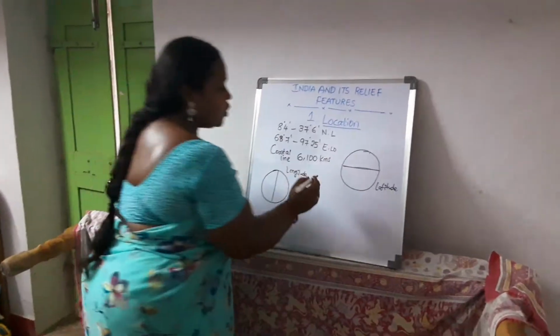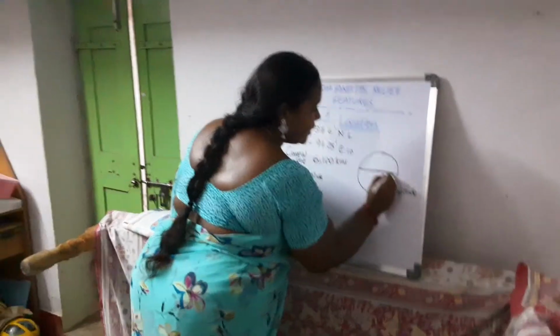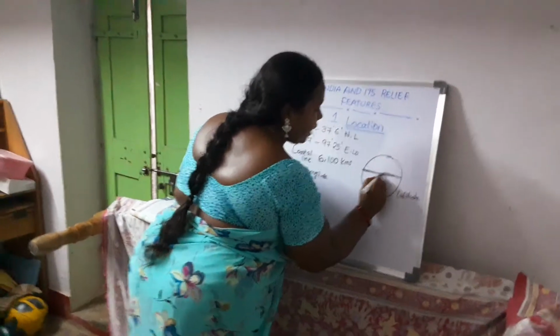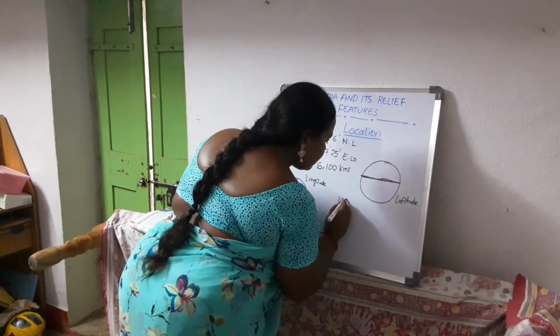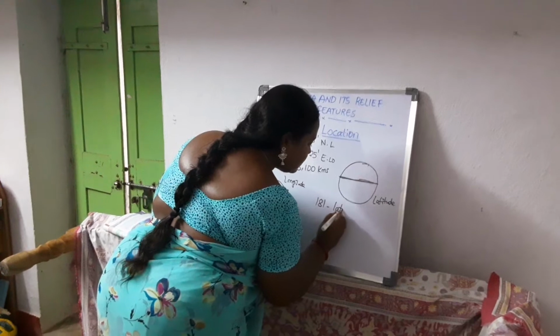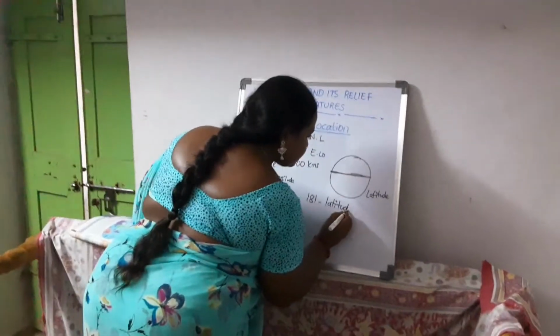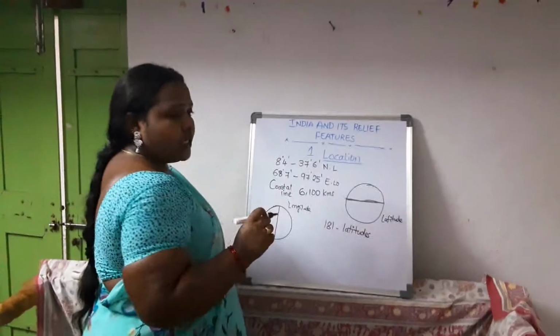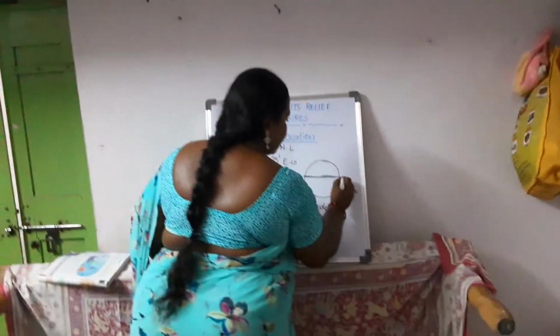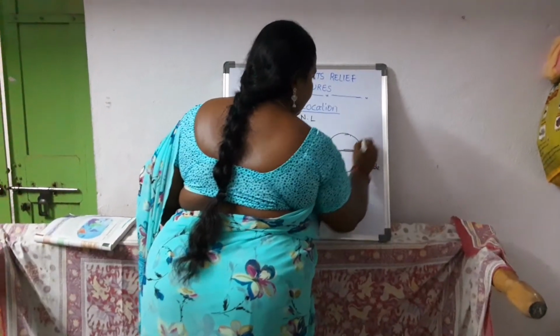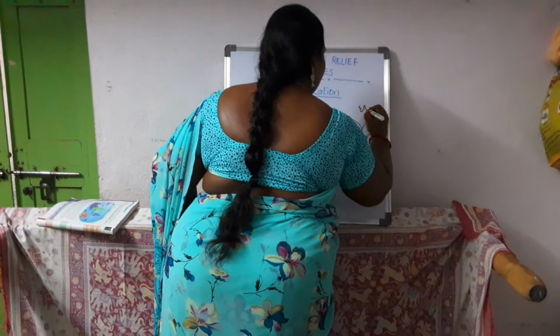So how many latitudes do we have? We have 181 latitudes. The 0 degree latitude is known as the equator. What do we call it?